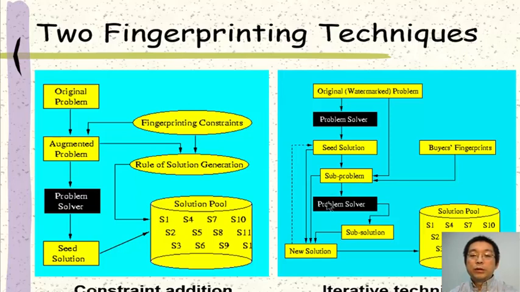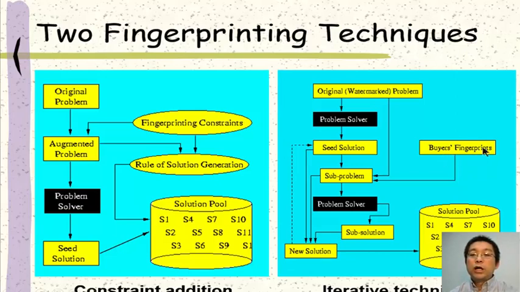And then we use the problem solver to solve this small problem to find a solution for the sub-problem. By combining this sub-solution, the sub-problem, and the seed solution for the original problem, we can form a new solution for the original problem. This will be put in the solution pool with this buyer's fingerprint.